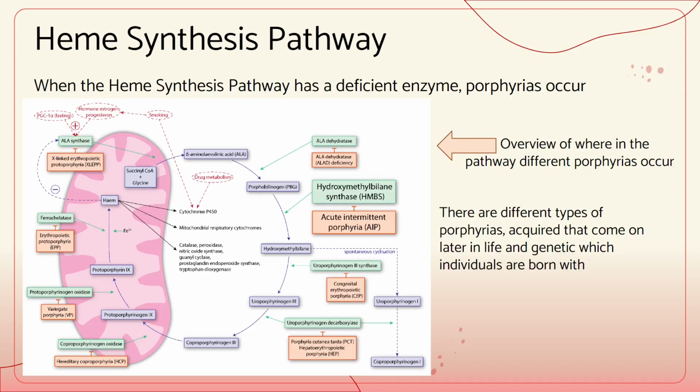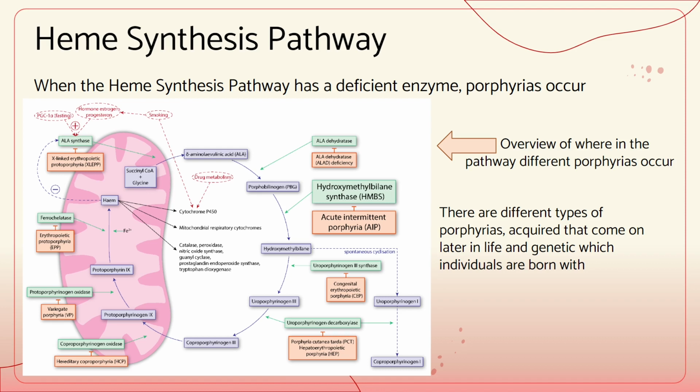When the heme synthesis pathway has a deficient enzyme, that's where the porphyria occurs. So here's a good overview, another one, of what enzyme is dysfunctional and what porphyria that leads to. You're going to see a couple of these names pop up again that we're going to go into further detail on.